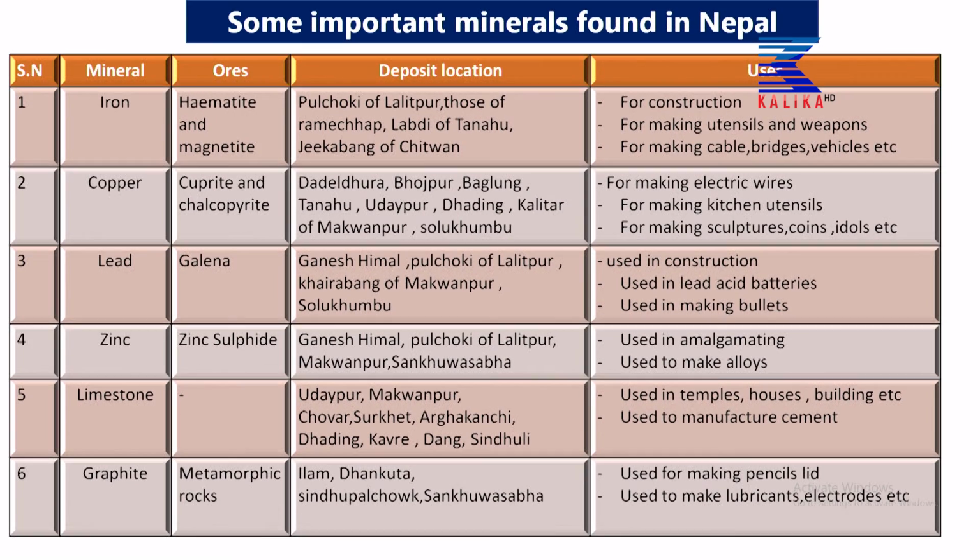What are the uses? I just said it is used to manufacture cement, and it is used in temples, houses, buildings, etc. You must know chalk, right? Chalk looks white in color and cylindrical in shape. That chalk was one of the primary pens, let's say, while teaching students before.